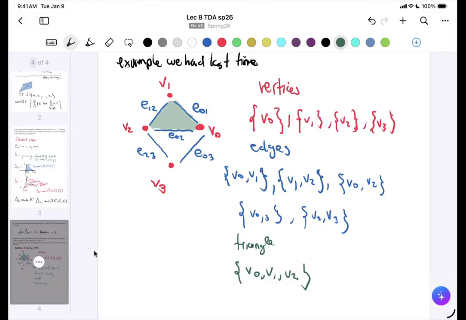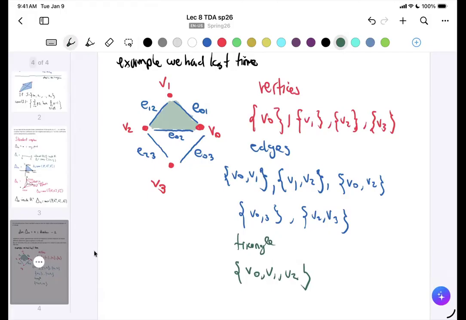Okay, so again, I still haven't said why this makes a simplicial complex, but this is going to be one, and let me put next to it one that is not, so that it's easier to tell the difference between them. I'm going to draw exactly the same picture, but I'm going to delete this edge in the middle, for example. That's the only change I'm going to make.